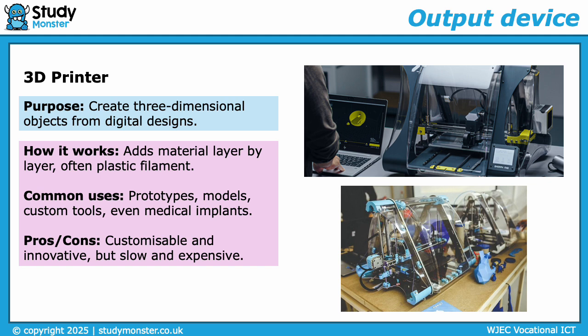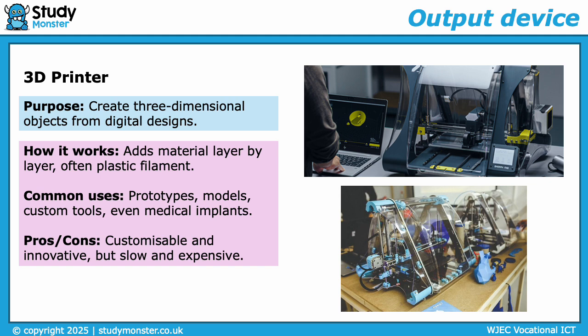Common uses are to create models, to create prototypes of products before they go into mass production. Medical implants are also being made now, so implants that are going to be put inside of somebody, they're now 3D printing these things. Pros and cons, very customizable, very innovative, so you can create new things.